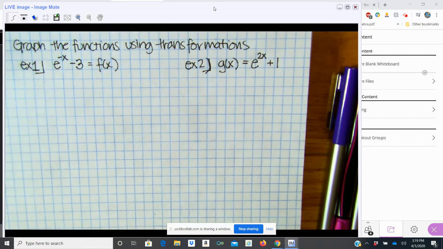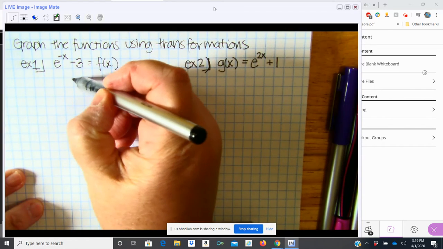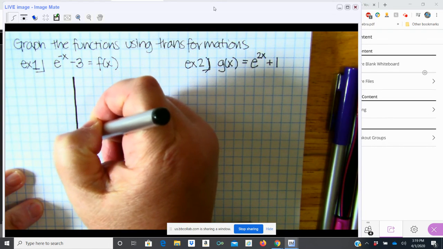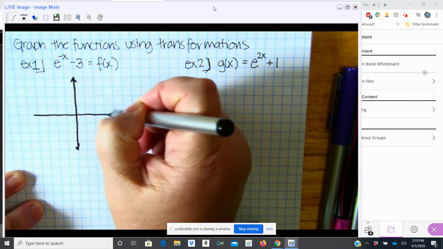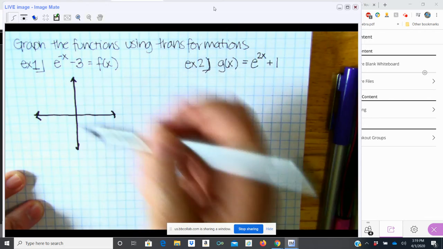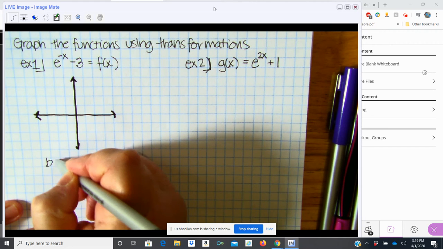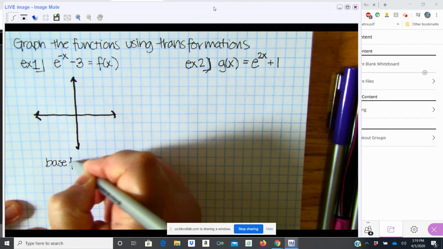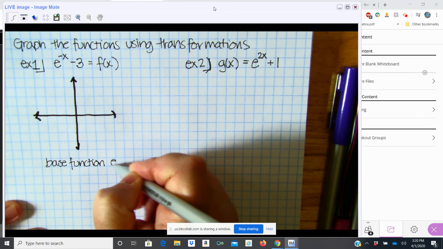All right. So here's my XY graph. Remember our base function is going to be e to the x.